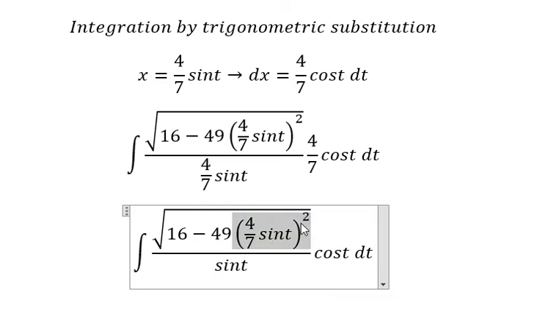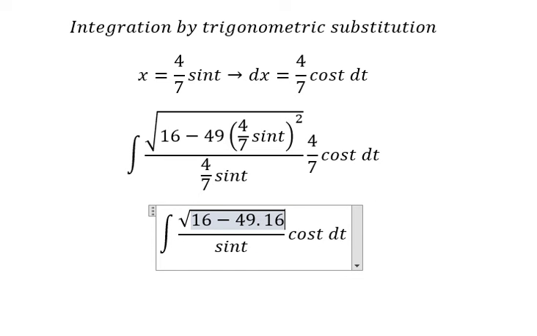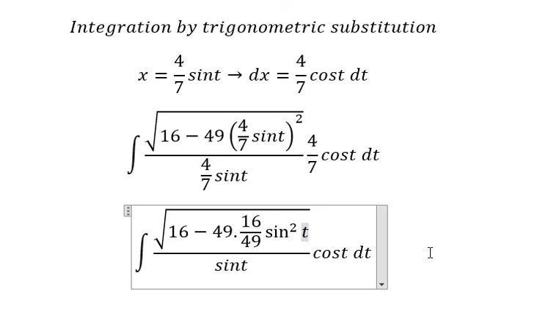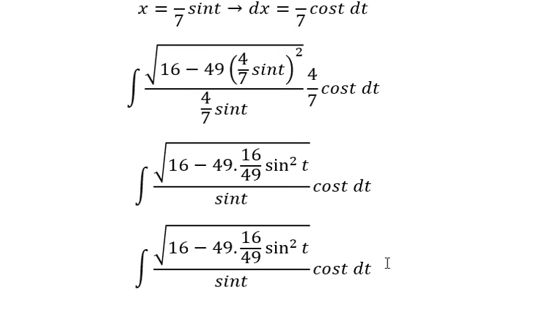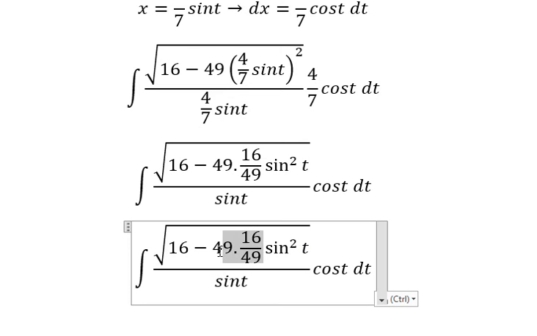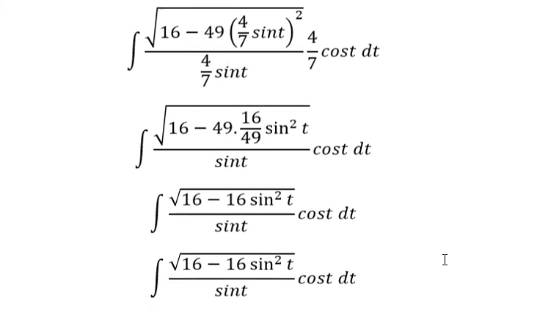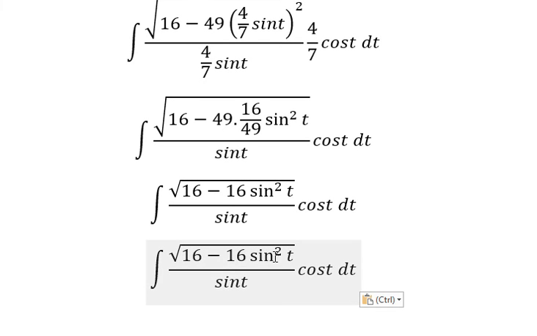This one you get 16 over 49 sine t squared. 49 we cancel. 16 we can factorize.